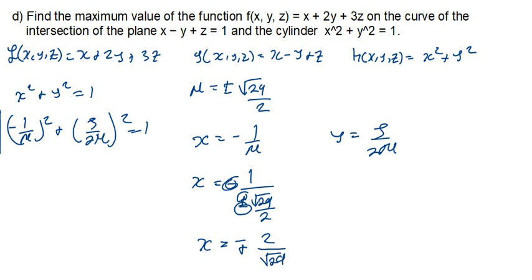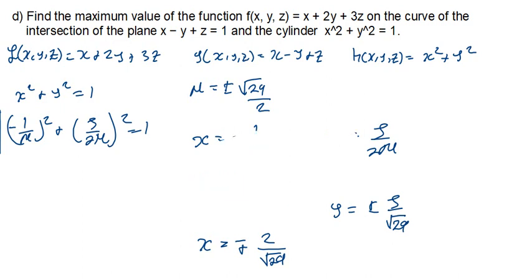Your y is going to be equal to positive or negative 5 over root 29. That's what we have as our x and our y.